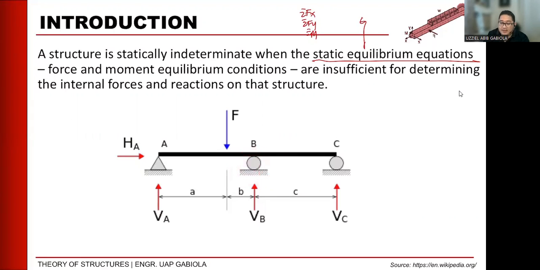Ibig sabihin ng redundant, kahit tanggalin natin tong gitna, magiging stable pa din yung structure natin. Ibig sabihin, naging redundant siya kasi stable na nga yung structure natin, naglagay pa tayo ng additional support, siguro nilagyan natin for more stability or para mas matulungan natin yung biga natin.